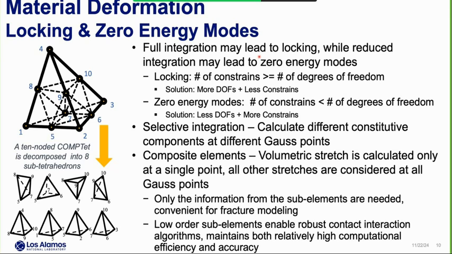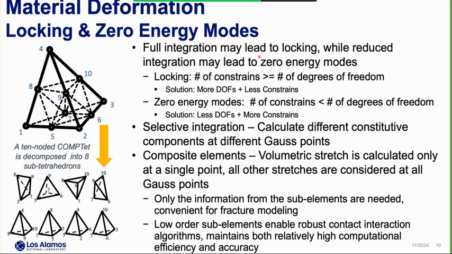With finite element simulation, we can easily end up with either locking or hourglassing, which we sometimes also call zero energy modes. It is interesting that those two mechanisms are competing with each other. The reason for locking is that the number of constraints is more than the number of degrees of freedom. To resolve that issue, we need to increase the number of degrees of freedom and reduce the constraints.